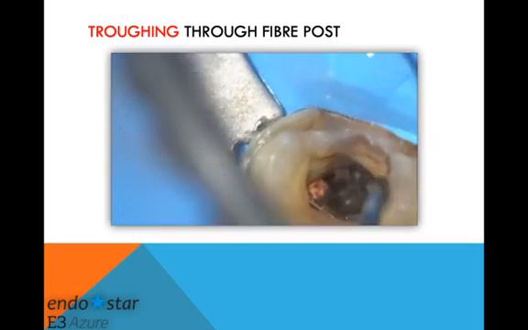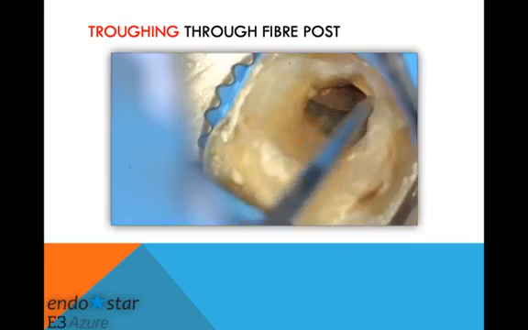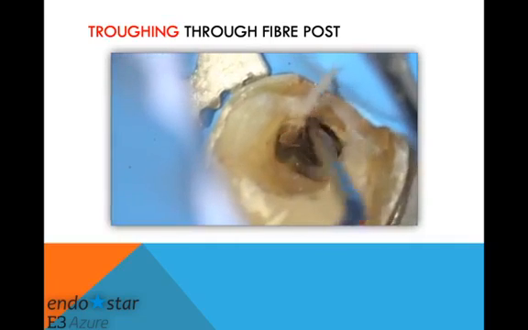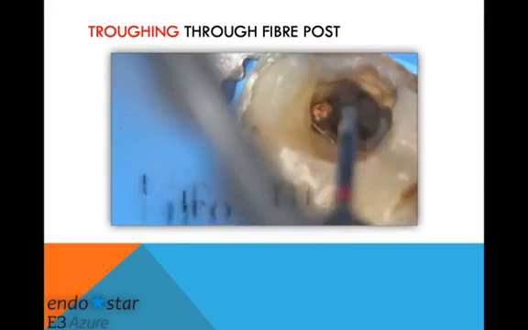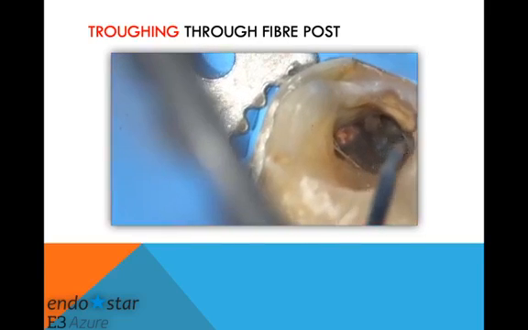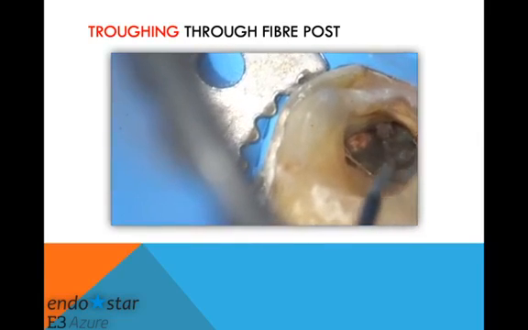As you can see in this case, this was a case of strip perforation, and if I had tried to trough around the fiber post, I would have caused more damage. So we went through the fiber post and the entire post was removed from the canal.